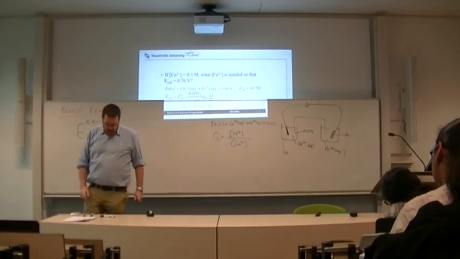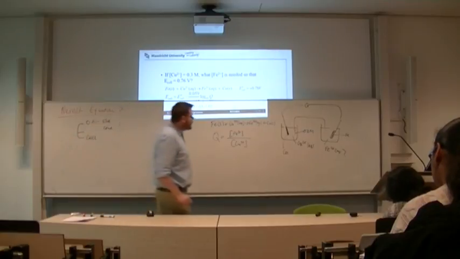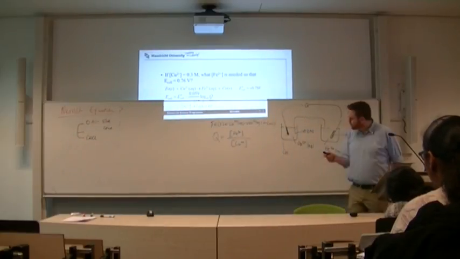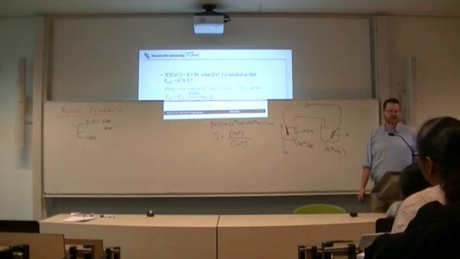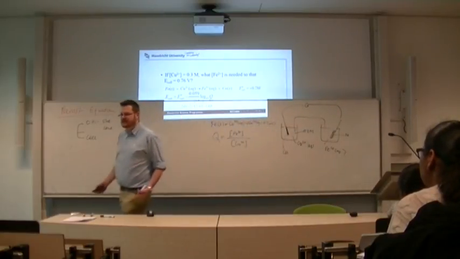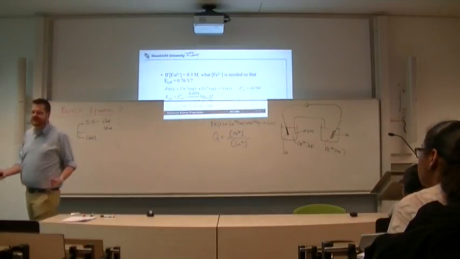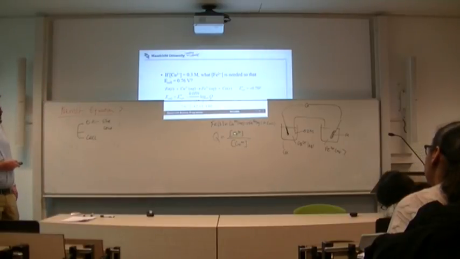For the reaction quotient, I only take the species that are in solution. The copper on the product side is a metal, and on the left, the iron is a metal, so we don't take those into consideration because they're not in solution. You can't measure the concentration of a solid, and Q is about stuff in solution, concentrations. So the Q expression for this reaction is simply Fe2 plus over copper 2 plus.